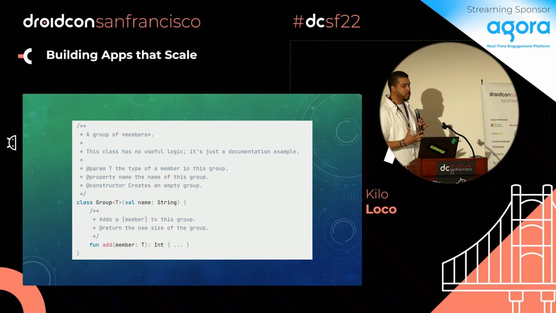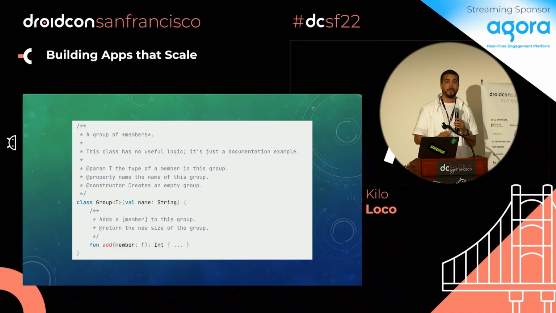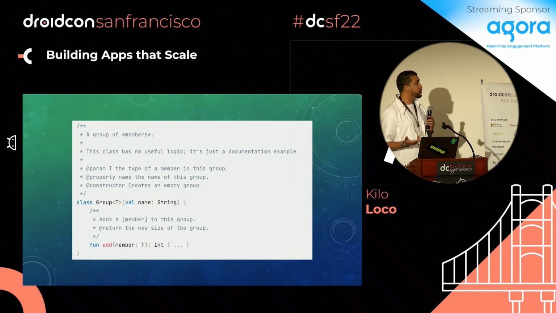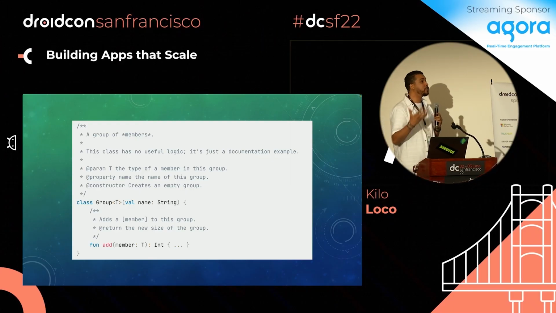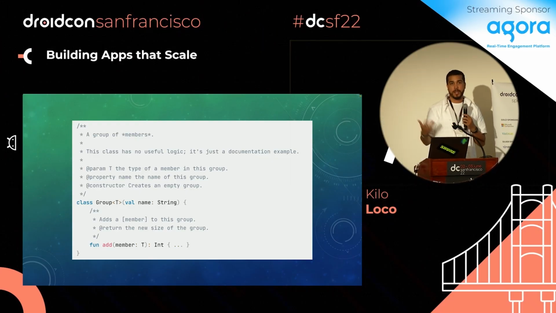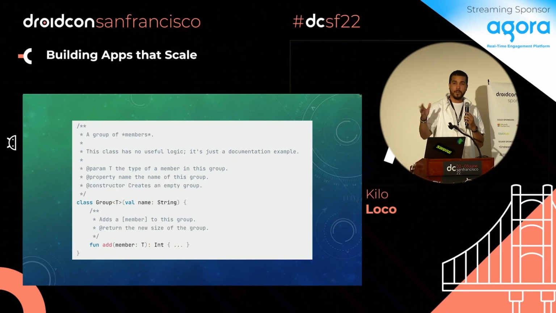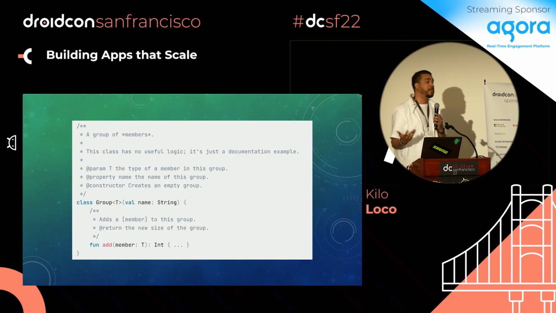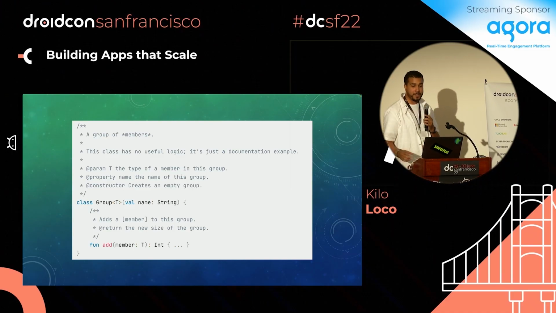The reason you want to do something like this is because whenever you hover over one of your properties or functions, where it's being called in code, it's going to give you that pop-up describing what it does, right? You don't know what something does, you hover over it, and Android Studio gives you the information that was written by somebody who did take the time to write a comment, right?